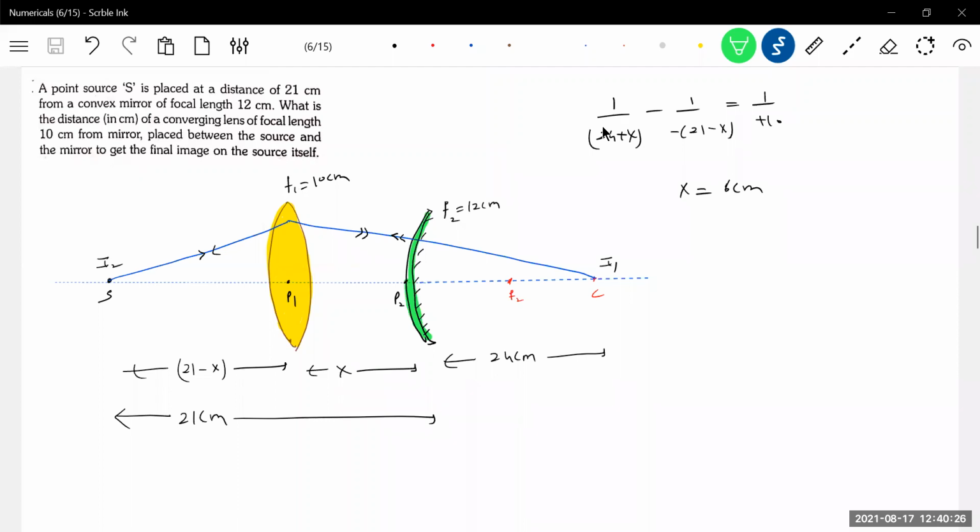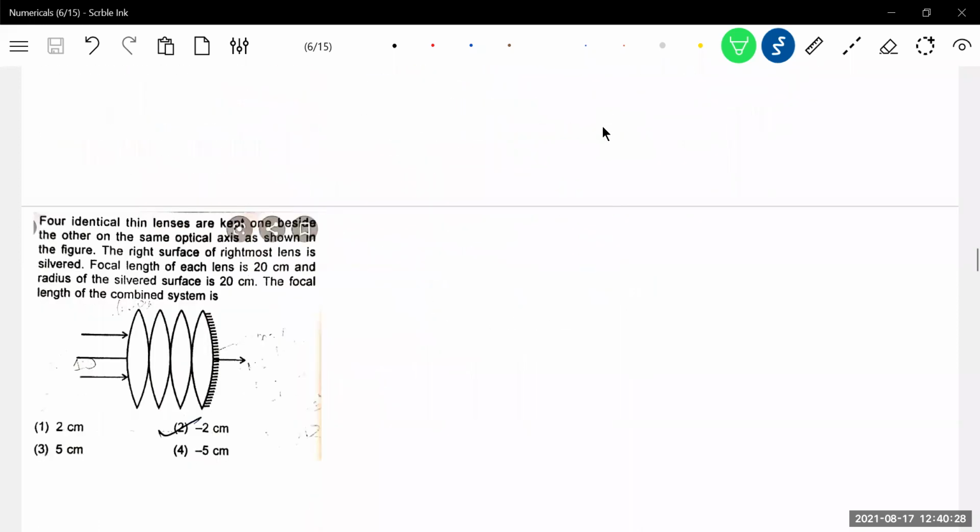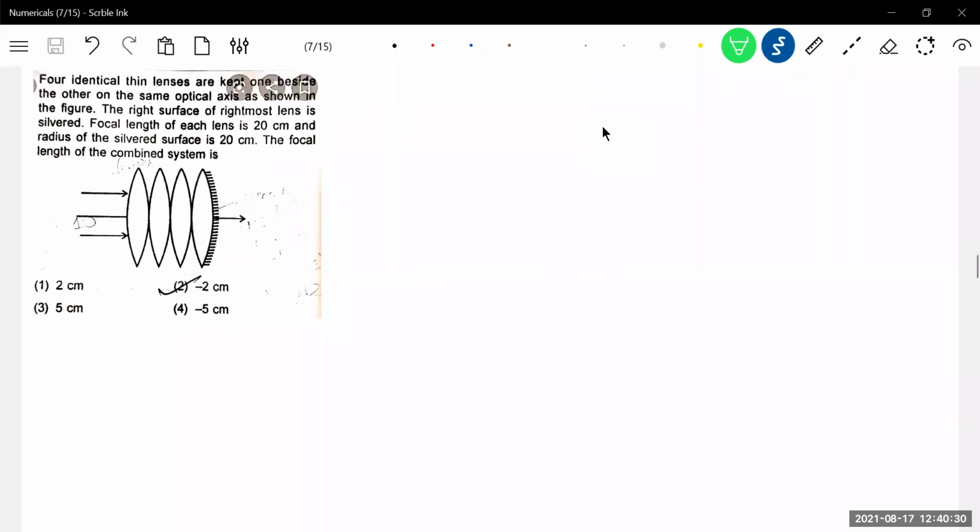Let's get into the next problem. One hour you can solve 20 numericals of ray optics if you have the exact methodology. 20-25 at that speed, what happens?